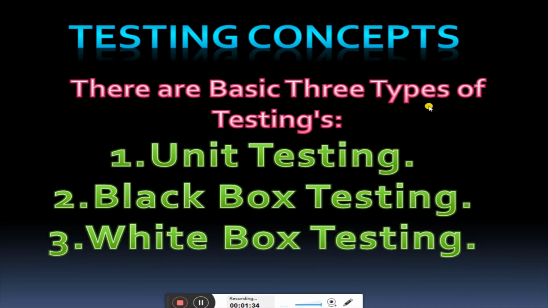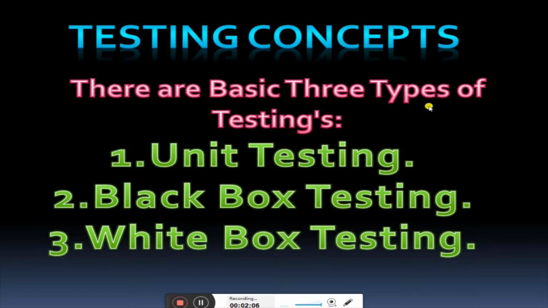Now what we are doing here, first we are seeing what is meant by testing. Each and everything we are testing. Before going to deliver the delicious food to our relatives, to our guests, we are testing it. Either it is cooked correctly or not, it has taste or not.